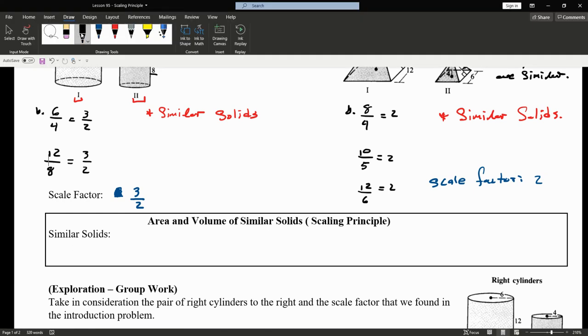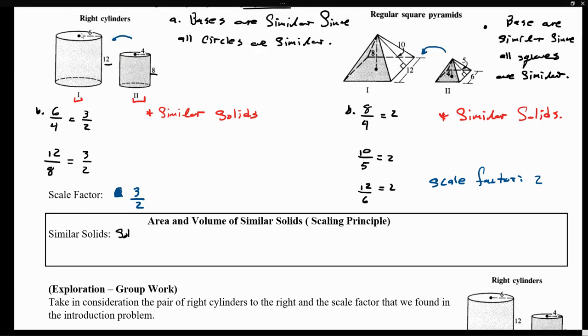We can think about similar solids as being solids that have the same shape, but not necessarily the same size.